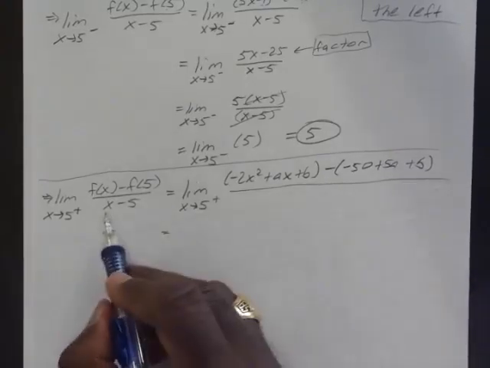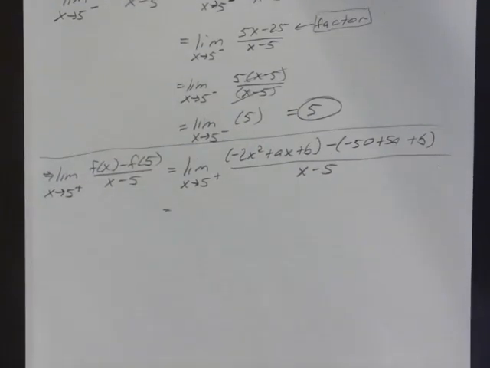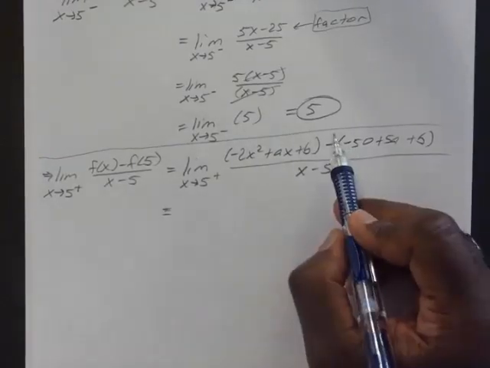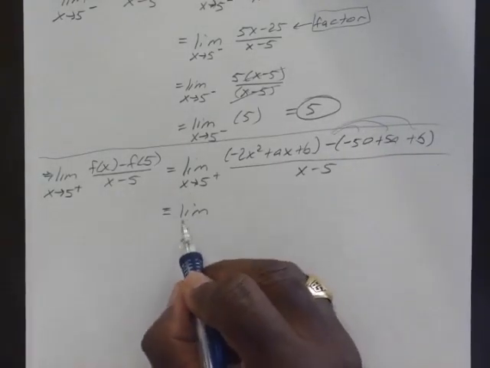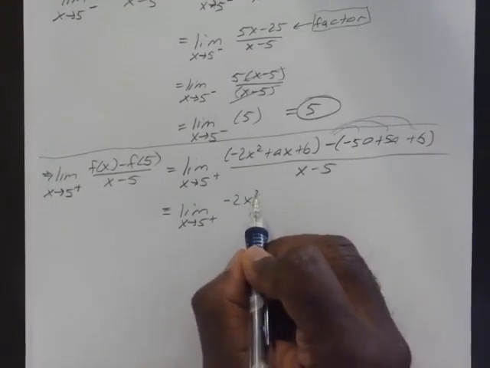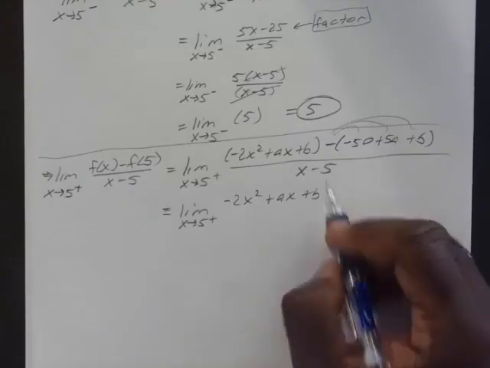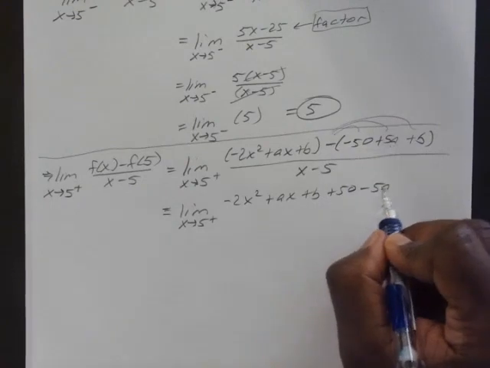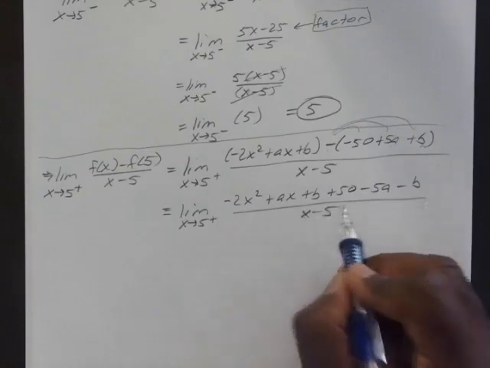Okay, that's all over x minus 5. If we go ahead and distribute that negative, that's the limit as x approaches 5 from the right of negative 2x squared plus ax plus b plus 50 minus 5a minus b, all over x minus 5.